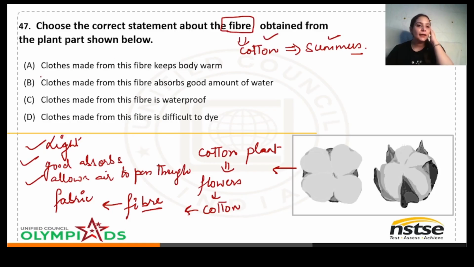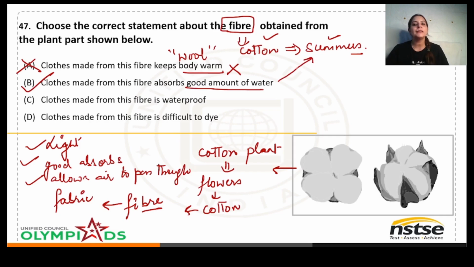Option A says clothes made from this fiber keep the body warm. No, it doesn't keep the body warm. The fabric which keeps a body warm is wool, not cotton. So wrong. Clothes made from this fiber absorb a good amount of water. Yes, this is true. That is why we prefer to wear it during summers.